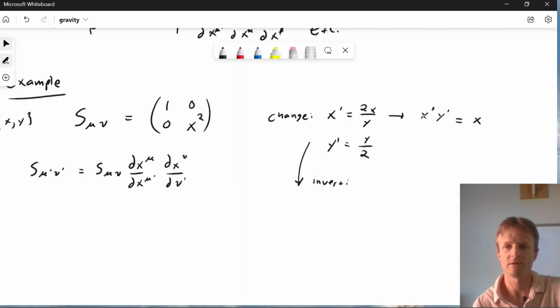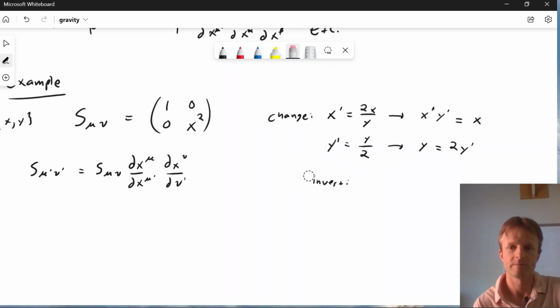It becomes y over 2. And this equation I can write as y equals 2y prime. So I managed to invert. Now I have x equals something and y equals something. And now I can get my Jacobian matrix.